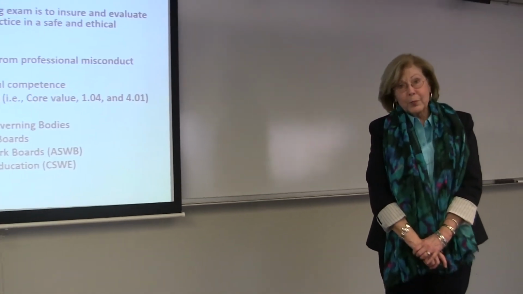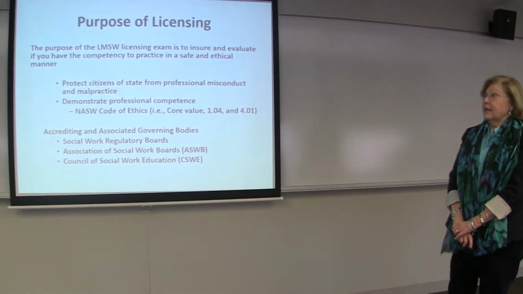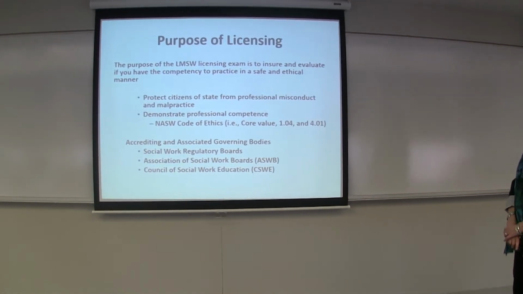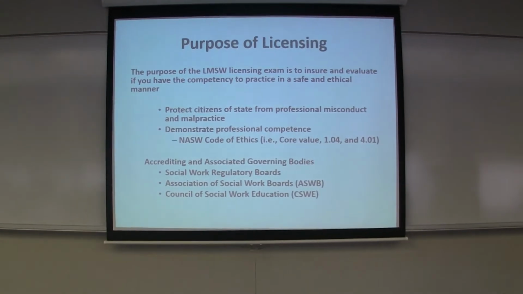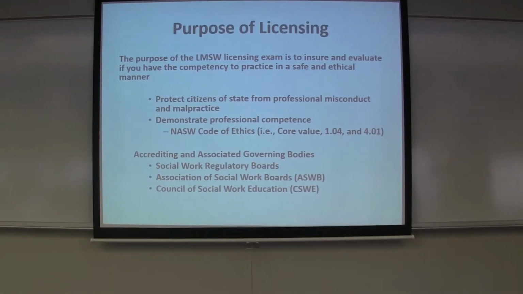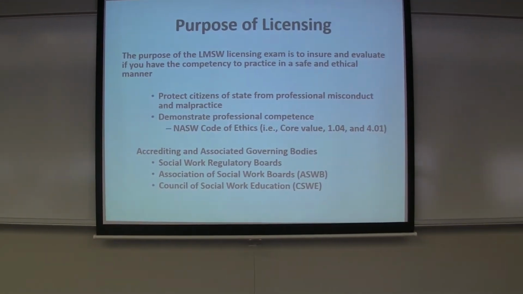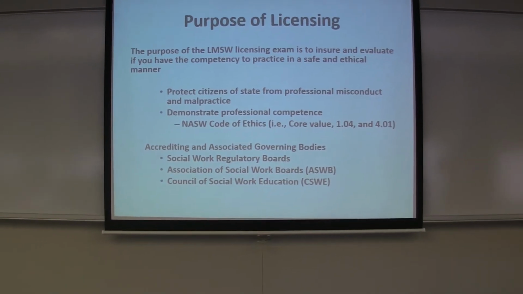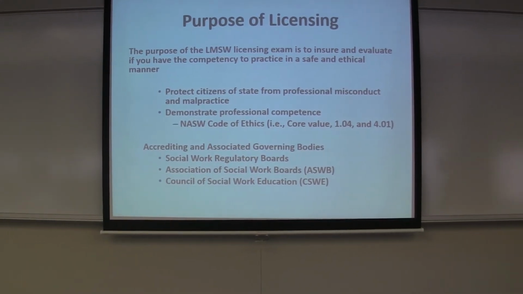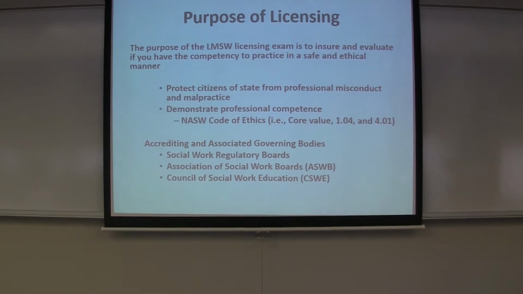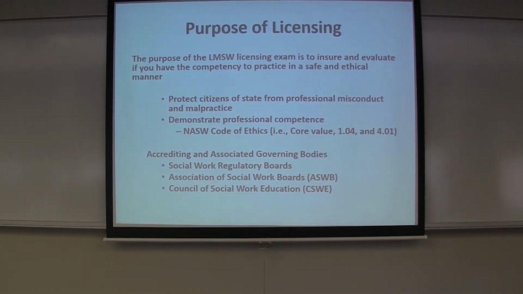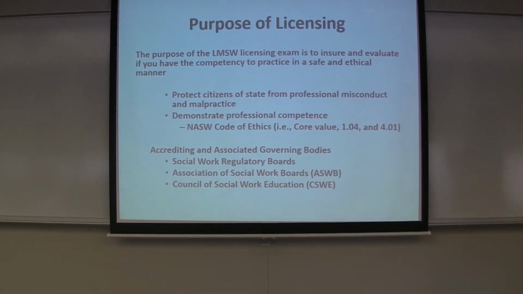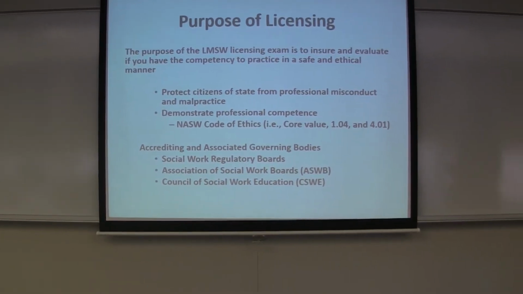So what's the purpose of licensing? We know that it is to ensure that you have what we call basic competency to practice your given profession of social work. And what does it do? Well, it protects the clients, families, communities, and organizations that you will work with in your practice.